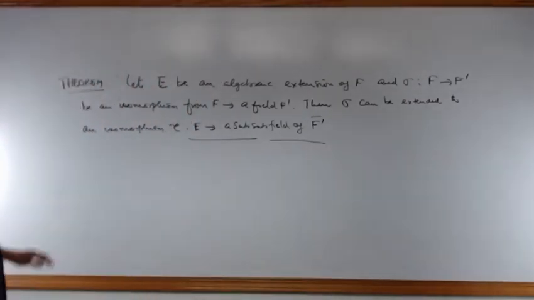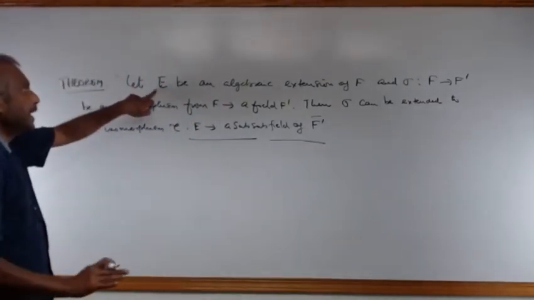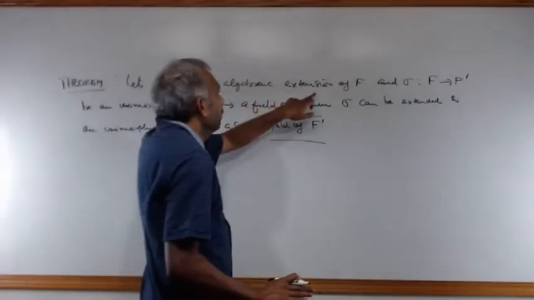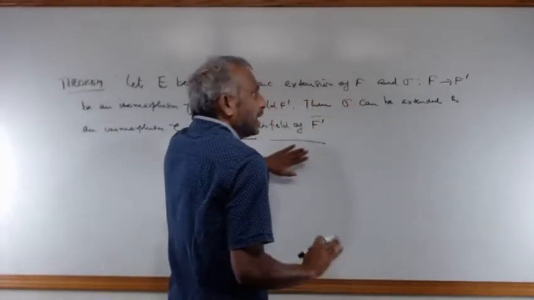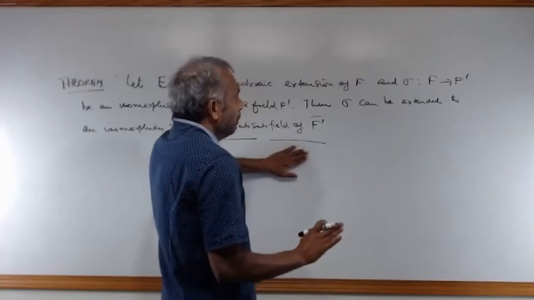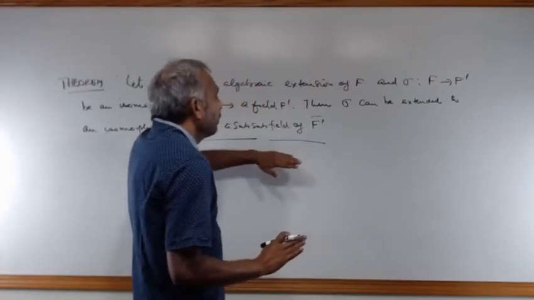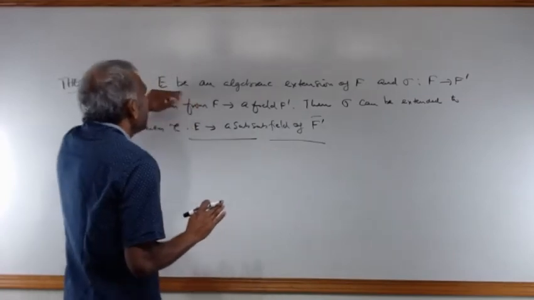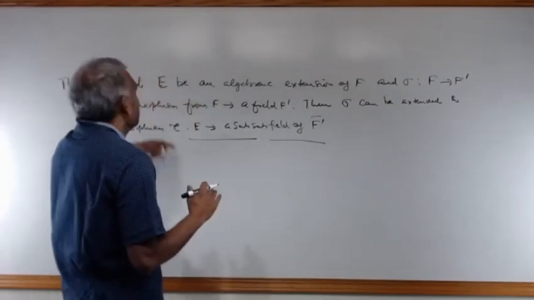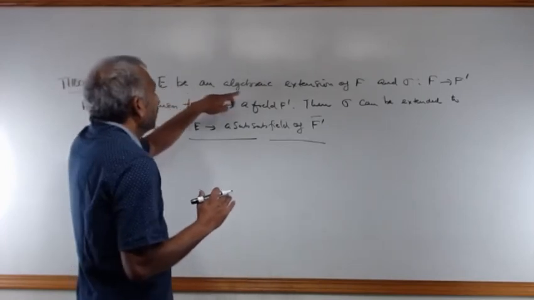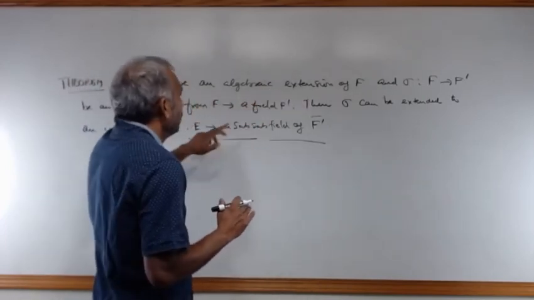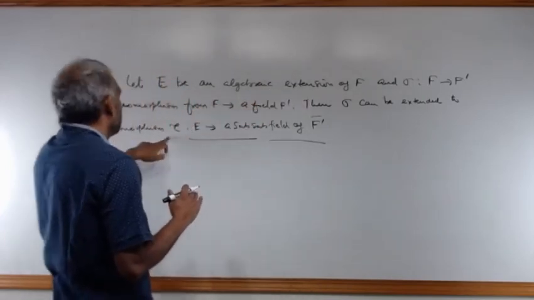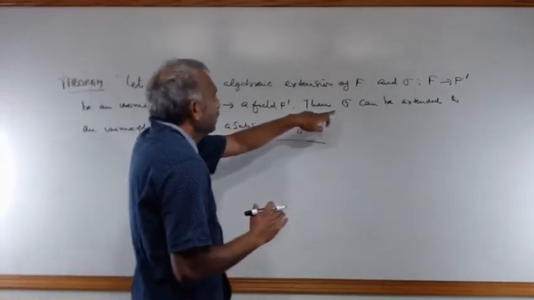So this is the theorem. If E is a finite extension of F, then we are done. There is nothing to prove because we already showed an isomorphism in n number of steps: if E is a finite extension of F, we have an extension of this isomorphism.